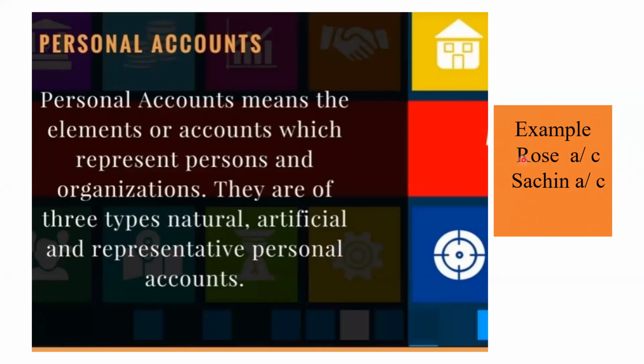Majorly, 90% will come in the name of a person, and some will be in an organization's name also. That's why the example is given as Rose account. Rose is a name of a lady, Sachin is a name of a boy. So these are examples. What is A/C? Always remember A/C is nothing but a short form of account. Clear?